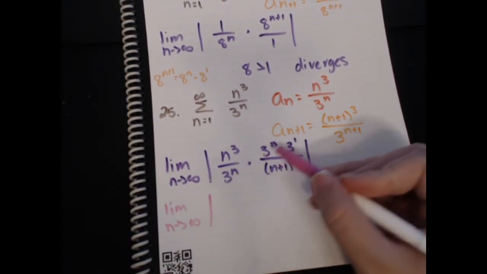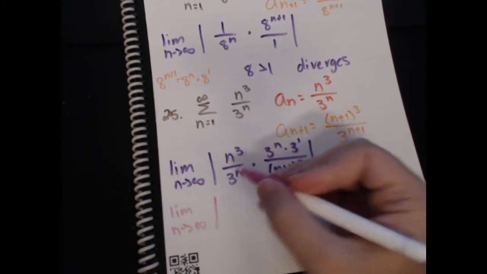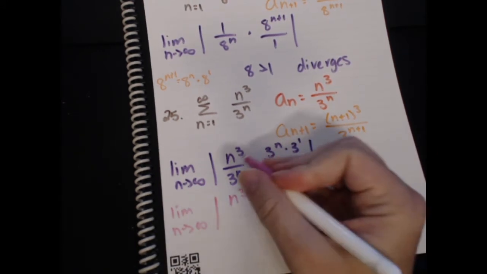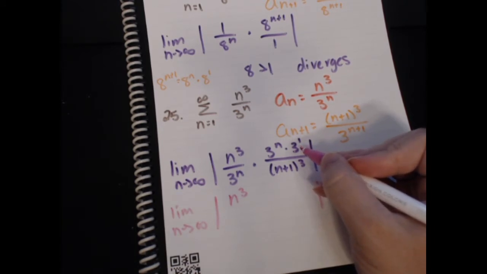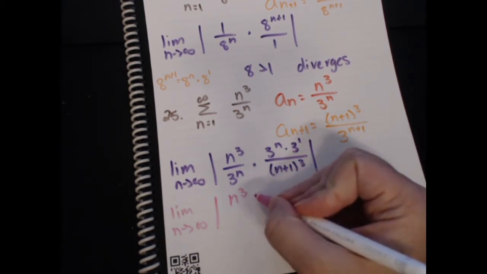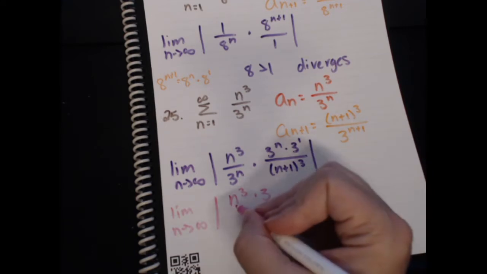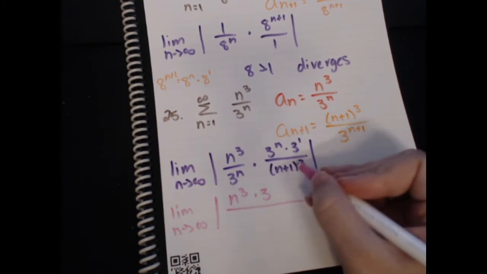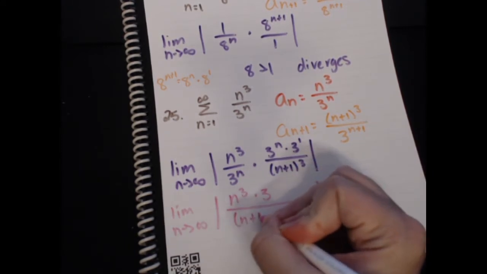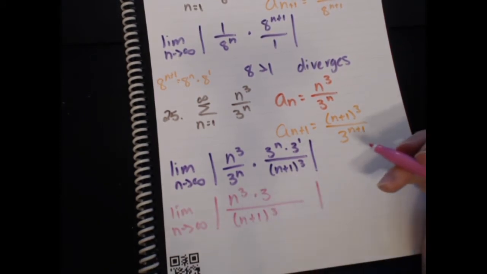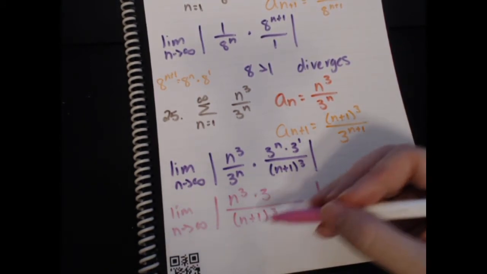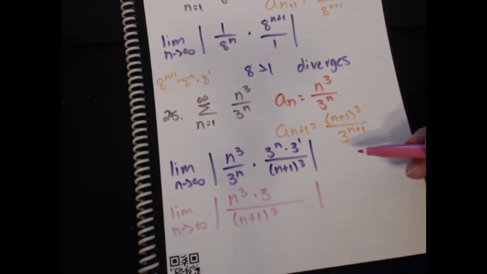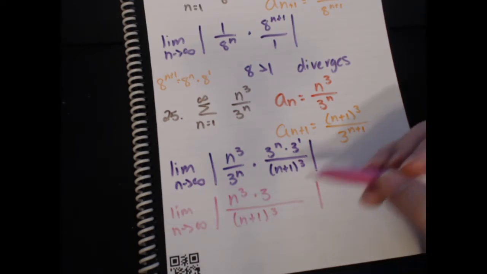So our 3 to the n's cancel out, right? We have our n cubed. There's nothing else in common. We have our 3, so that's just 3n cubed all over n plus 1 cubed. What's going to be the highest power in the numerator and the denominator? 3, right?